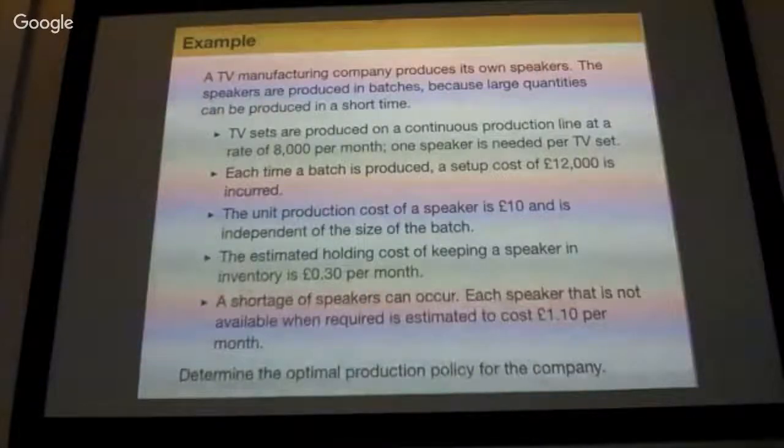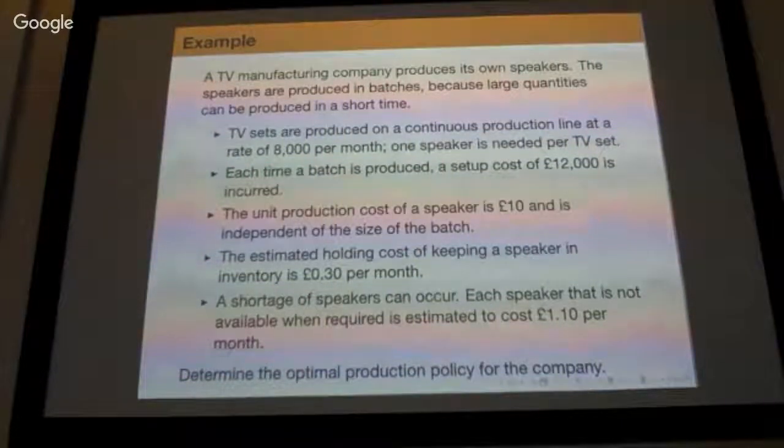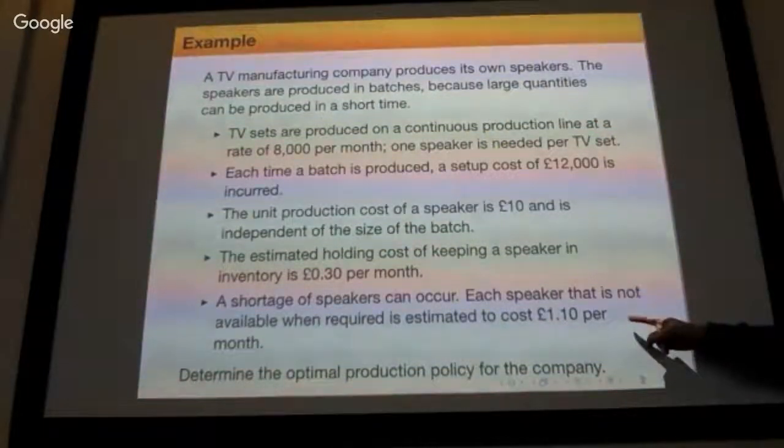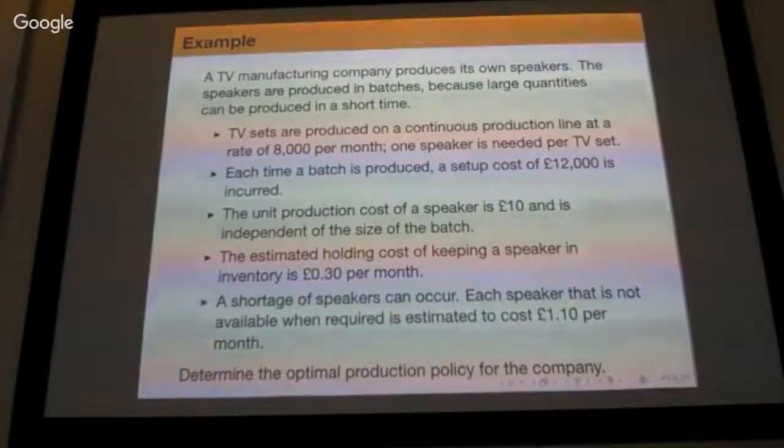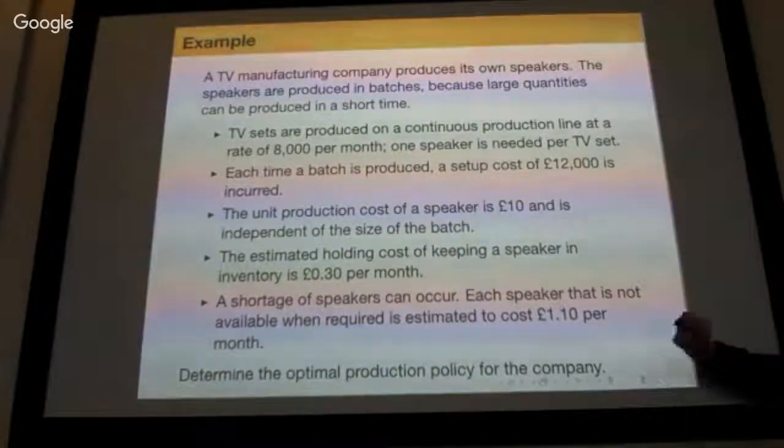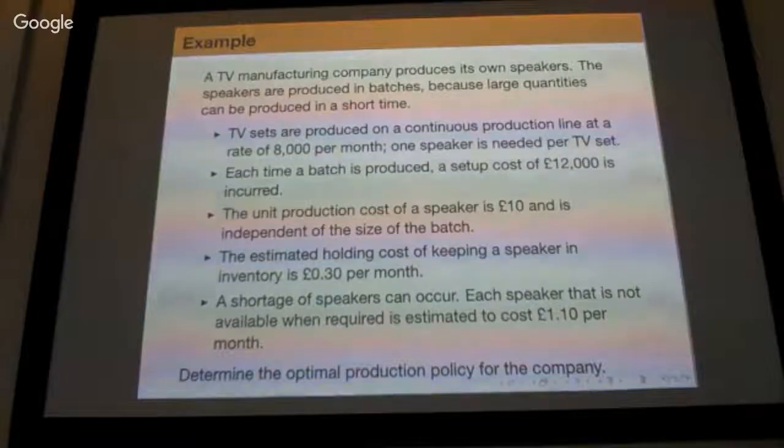Okay, we had this example right before, and you have it in your handout. We had it in the basic EOQ model where there was no cost per shortage. Shortages were not allowed. Now shortages are allowed, and they cost £1.10 per speaker per month that we're short of it.